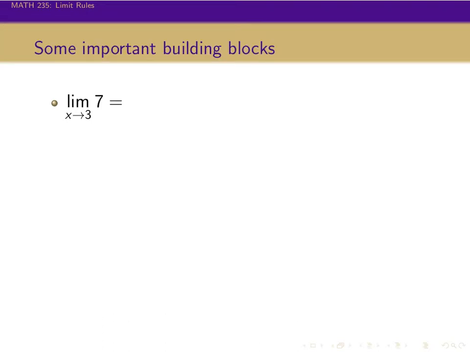Okay, so first, what if we took the limit of just the constant function 7 as x goes to 3? Okay, so in this case, f of x equals 7. X is going to 3, so a is 3 in this case.